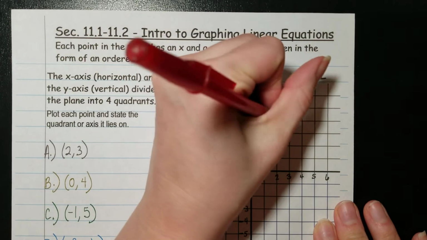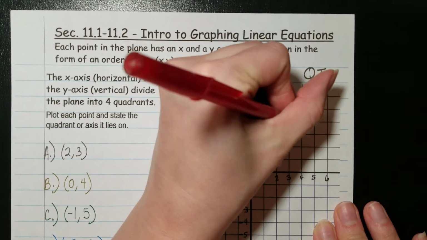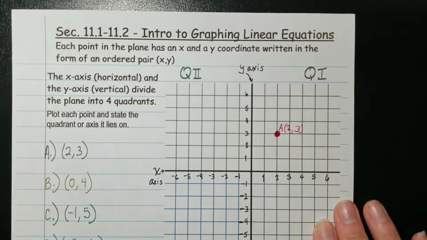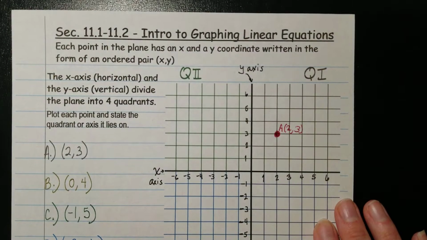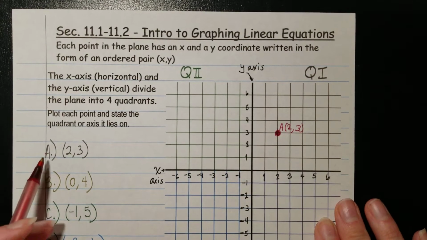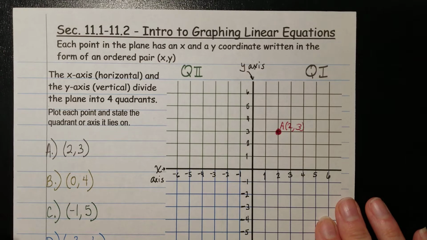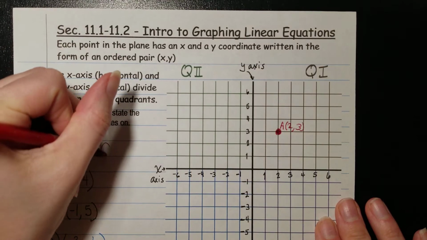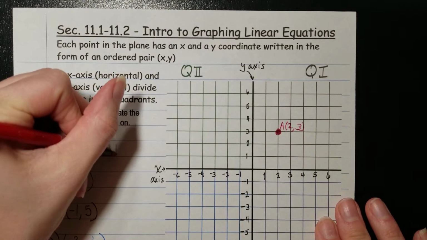I'll just go ahead and put both on here. Okay, so also we want to state the quadrant or axis the point is on. So point A is in quadrant 1.